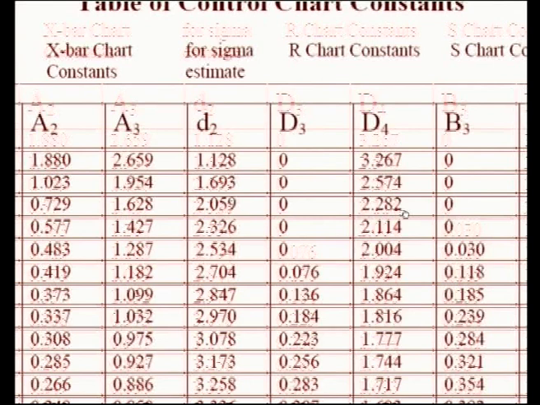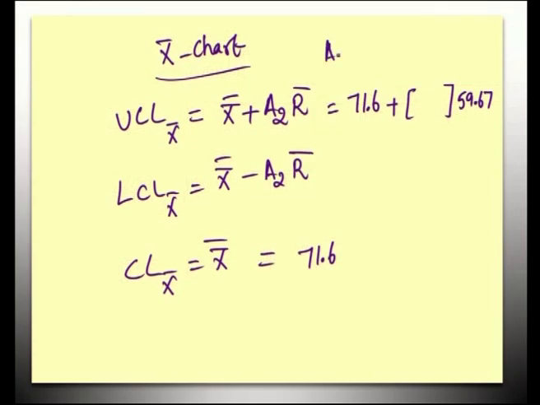Okay. A2 value from the tables is 0.577 and then D3 value we need, I will just write D3 is 0 and D4 is 2.114. Okay. So, now at present A2 is required. So, 0.577 is substituted here.